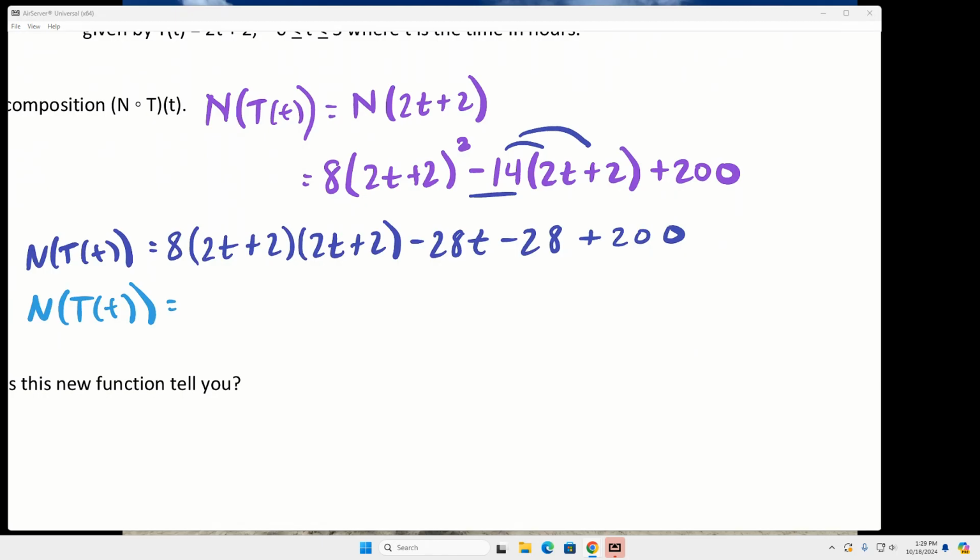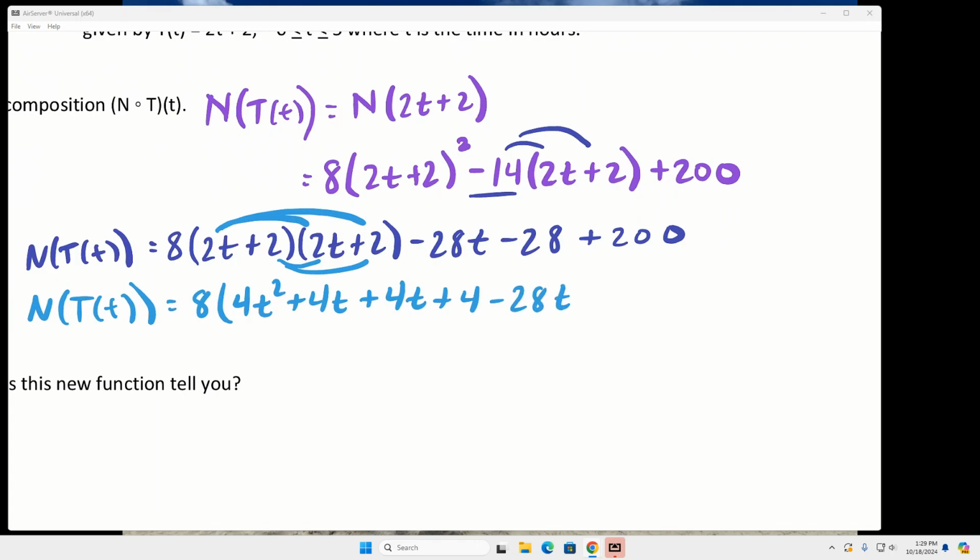If you wanted to distribute the 8, you would just do it to one of these, but I am still going to let this 8 hang out. I'm going to distribute to T, and then distribute 2. You might be able to do this faster than I'm doing it, and that's great. Some of your algebra skills are stronger than others, and that's okay.